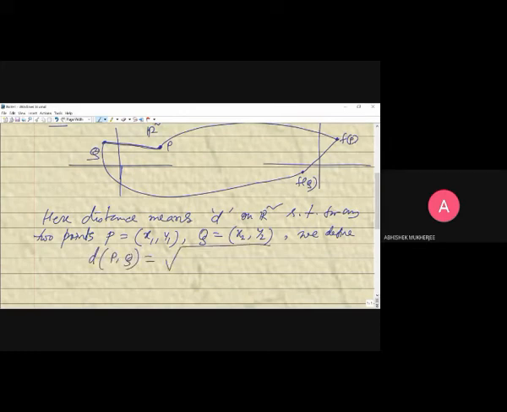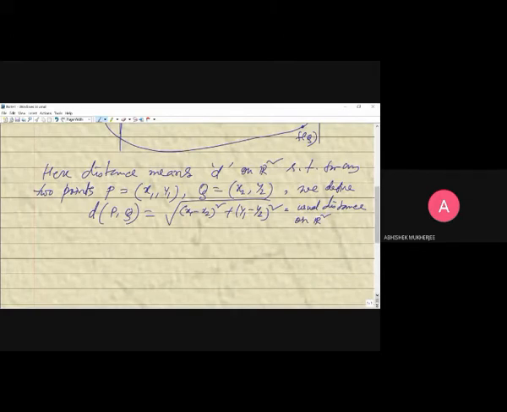I think you know this definition of distance, right? Square root of x1 minus x2 squared plus y1 minus y2 squared, taking the non-negative square root. So this is the usual distance that we are working with, the usual distance on R2.